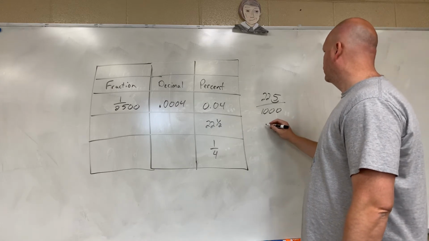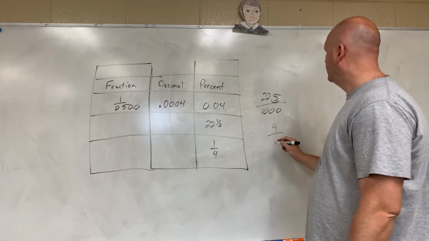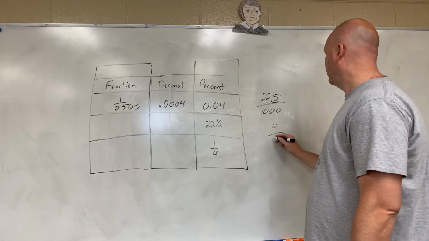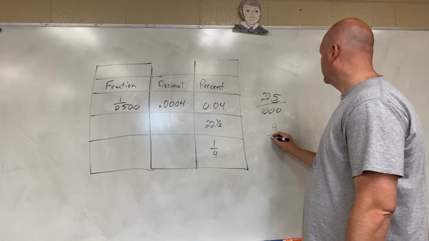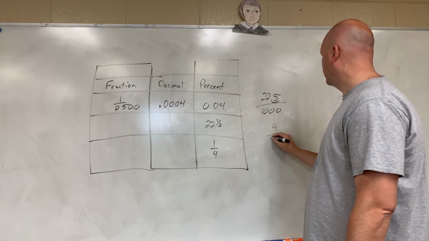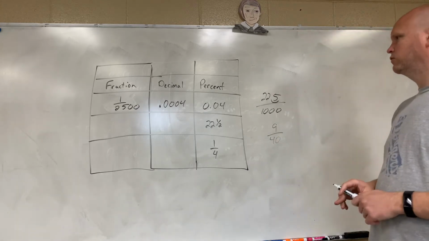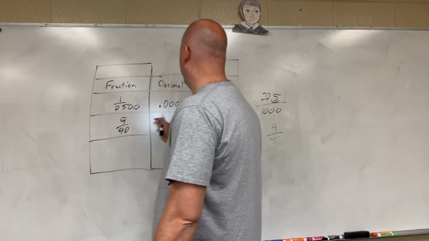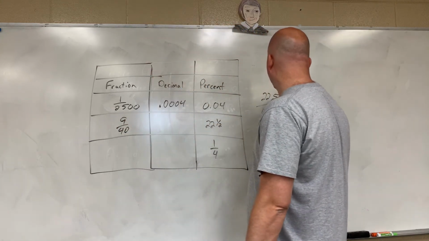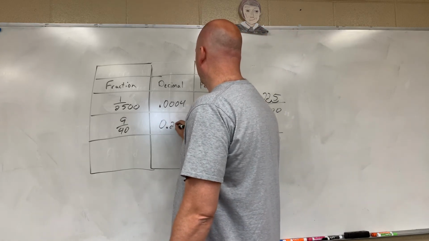And then we reduce, which you could do by, would that be 9 over 400, I think. 25 goes into 400 or 40. 9 over 40. And I think that's reduced as far as it can go. And then for the decimal, again, move it over 2 places to the left and you get 0.225.